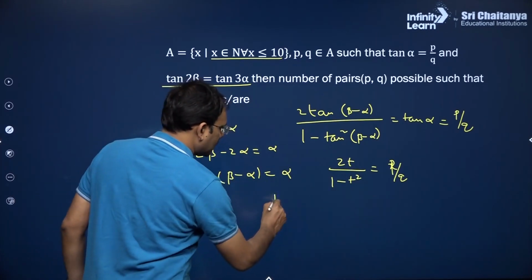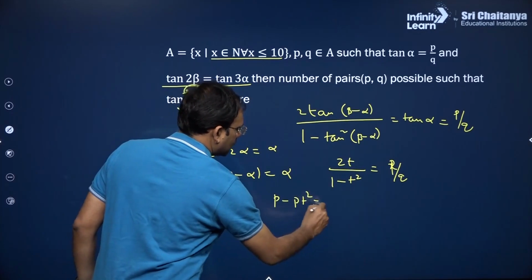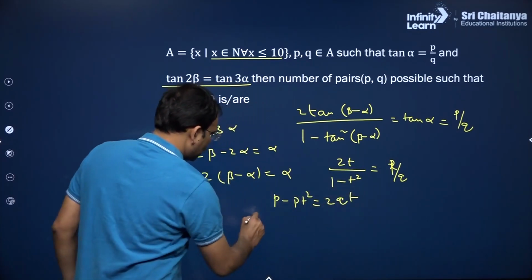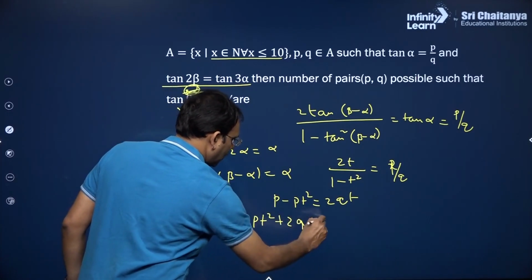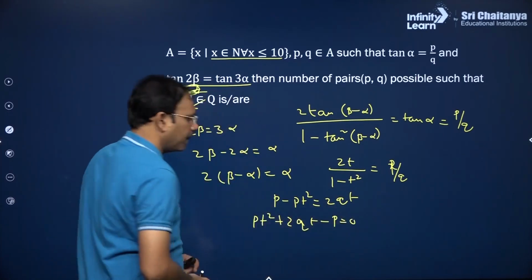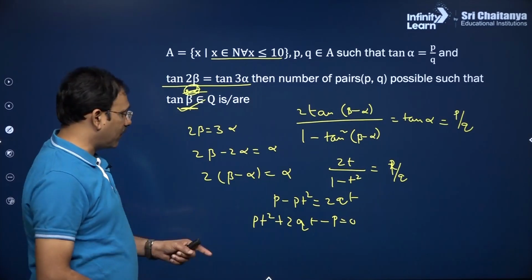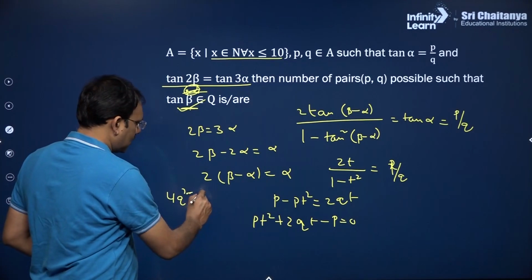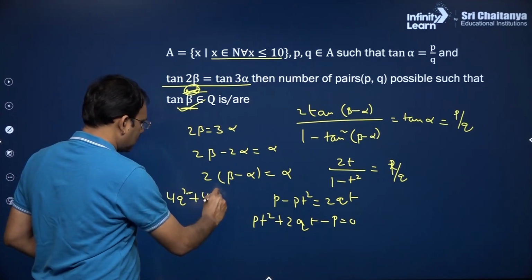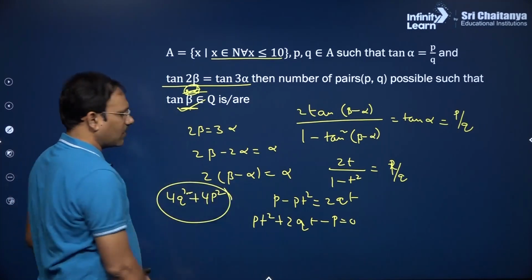You see, my dear friends, p minus pt square is equal to 2qt. So pt square plus 2qt minus p equal to 0. Friends, its discriminant must be a perfect square. Discriminant means b square minus 4ac. This must be a perfect square, my dear friends.